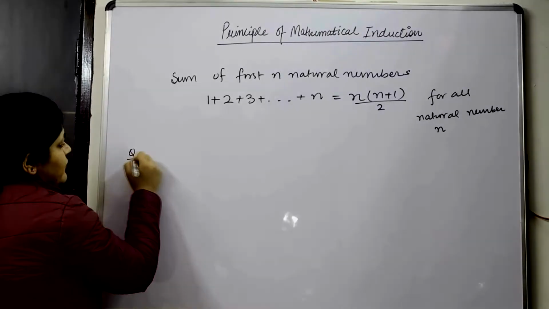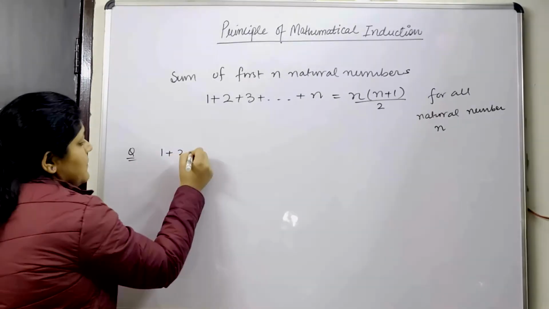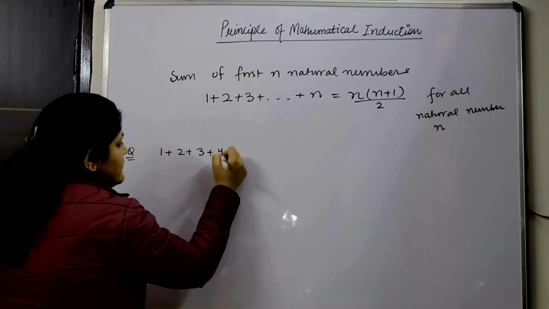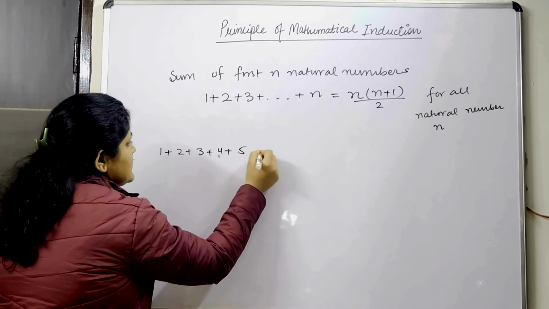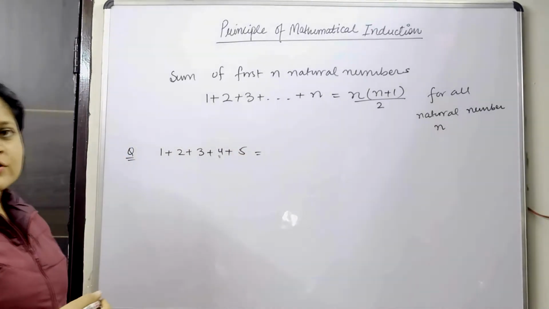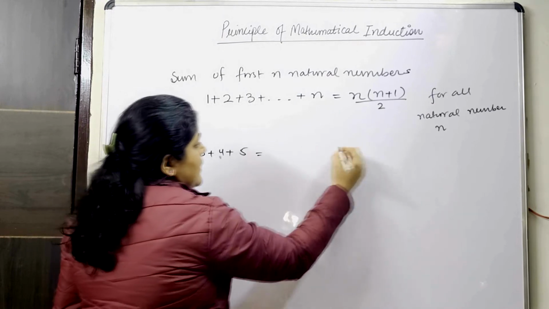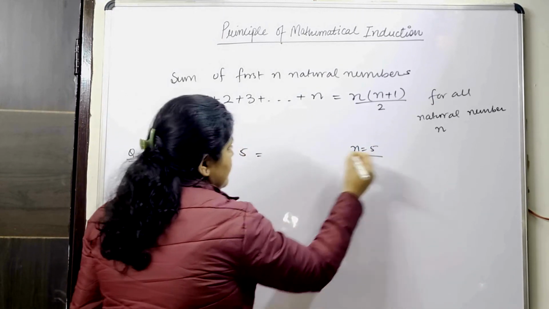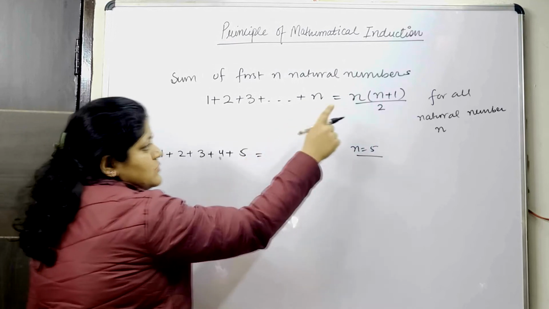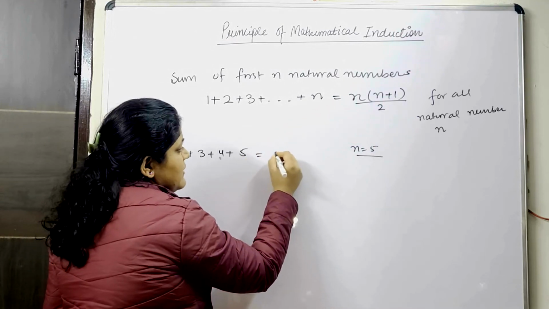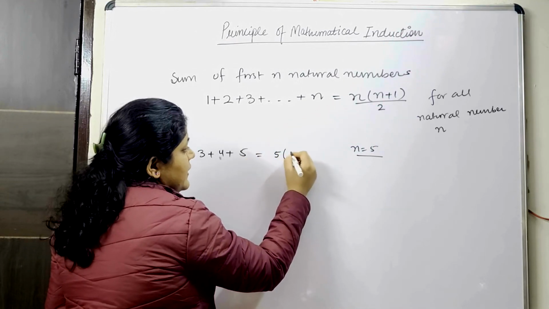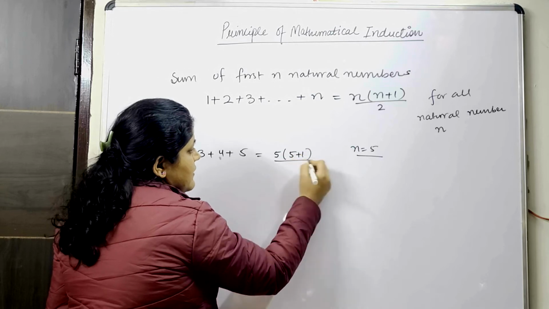Suppose we have to find 1 plus 2 plus 3, the sum of the first 5 natural numbers. What is the sum? We can evaluate this sum manually also, but if we use this formula, then here n is 5. So substitute the value of n in the formula. We will get 5 into 5 plus 1 divided by 2.